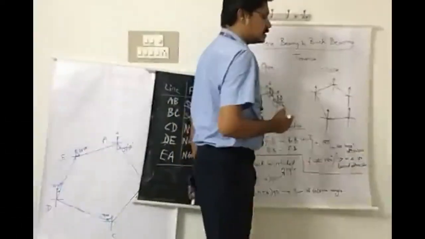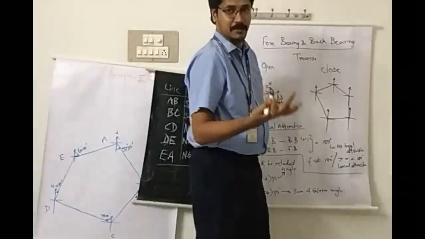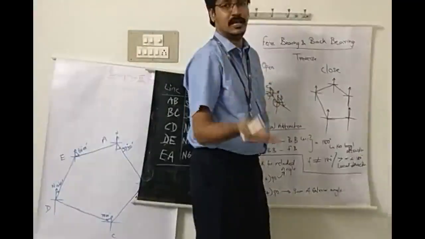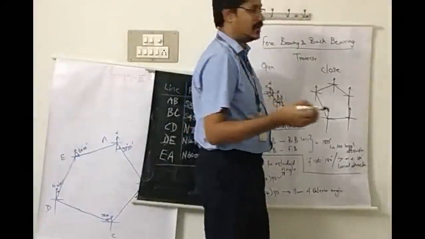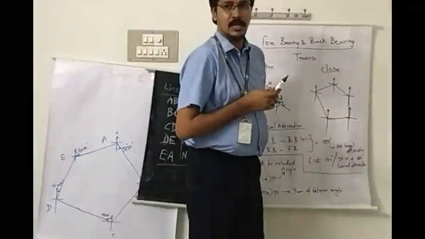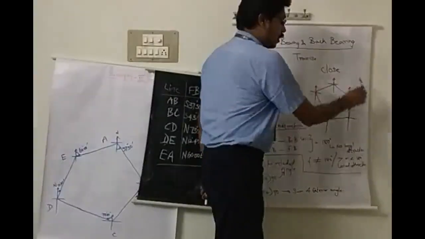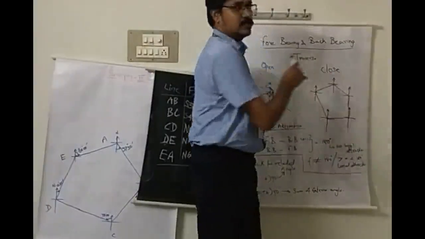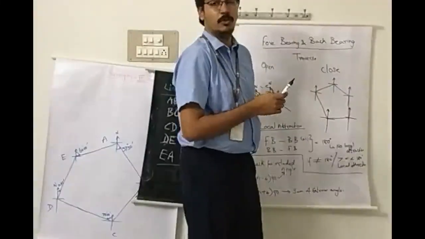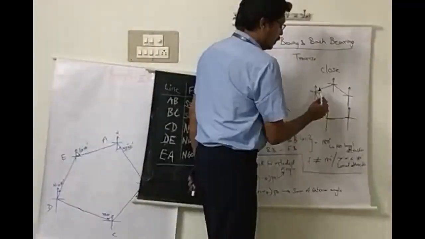But the closed traverse may be of a minimum of three sides and more than that. N number of sides we can have, but the starting and the ending will be the same. The traverse may be clockwise or anti-clockwise also, so both ways are possible. Please keep this in mind.